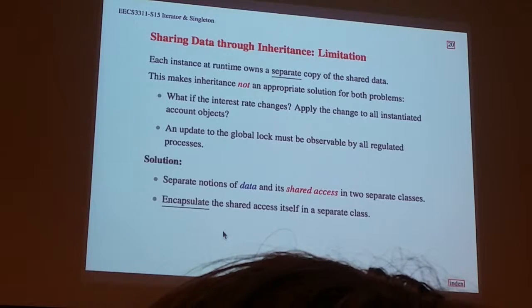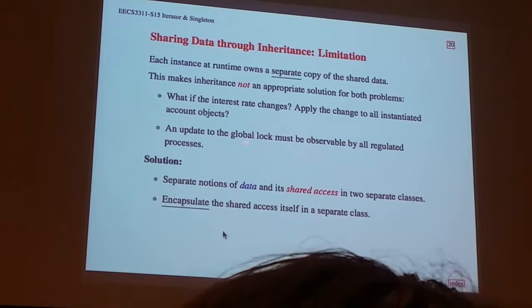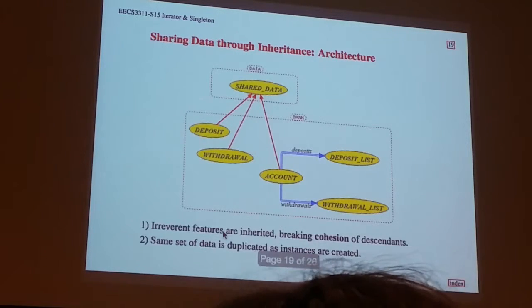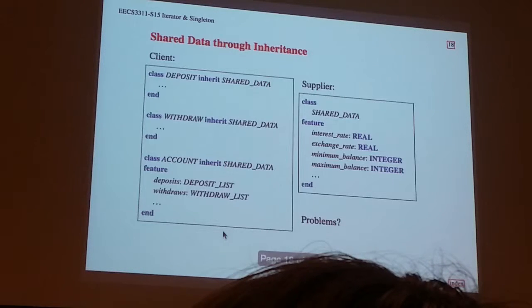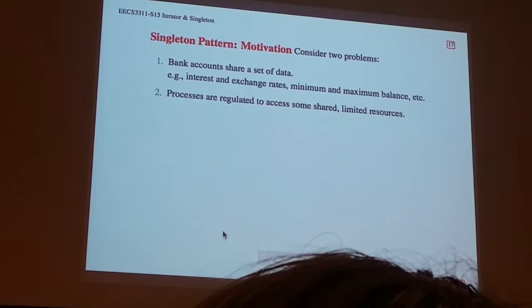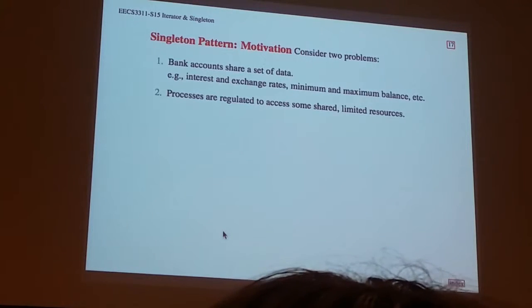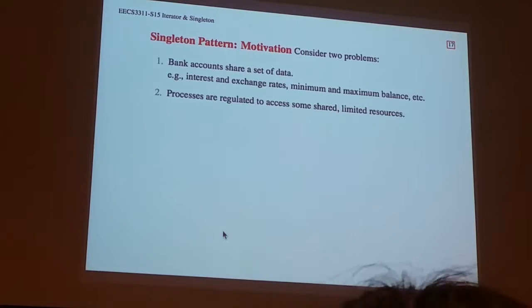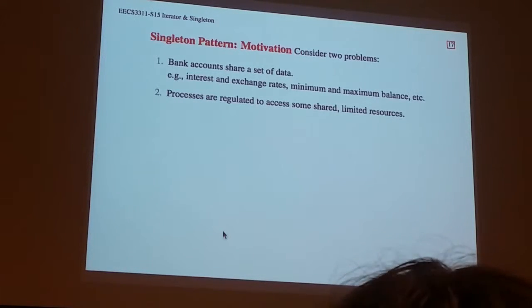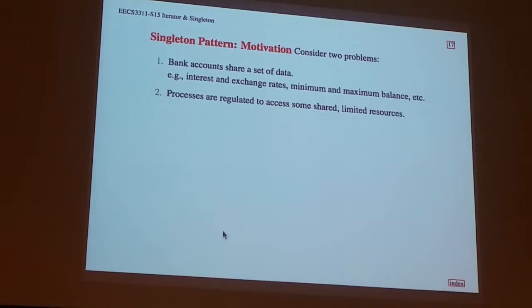Now, sharing data, it's exactly what I said here. And of course, the same bad design would not work for the second problem. It's even more obvious because you want to make sure the shared resources are visible to all the sharing processes.